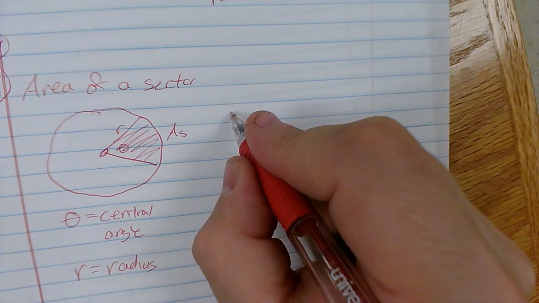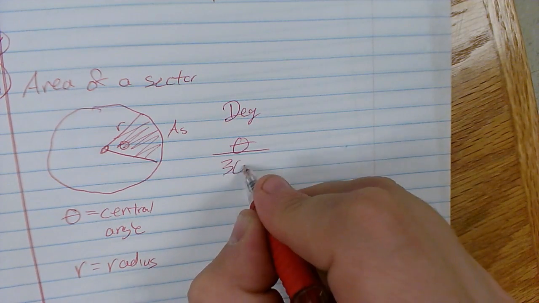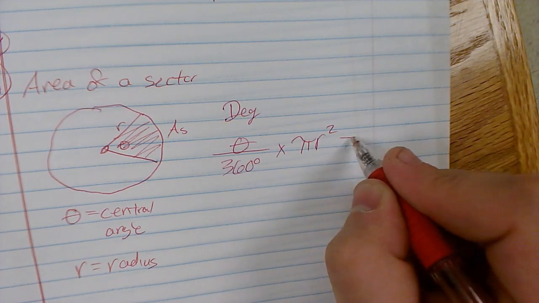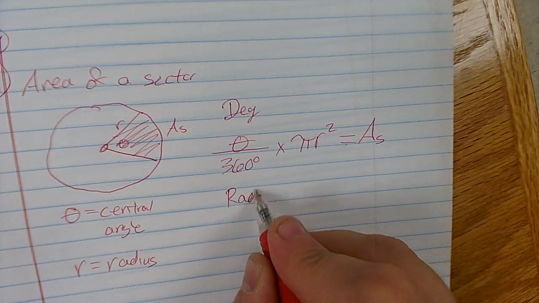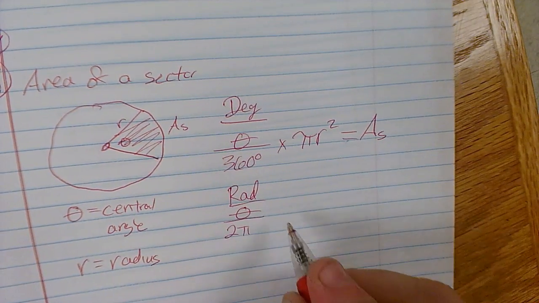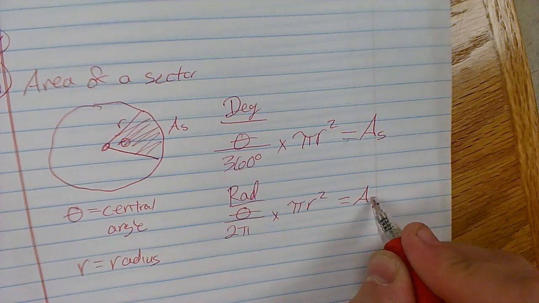The formula for it is, if you're doing it in degrees, theta divided by 360 times pi r squared would equal your area of a sector. Or if you're in radians, it'd be theta over 2 pi times pi r squared is equal to your area of the sector.